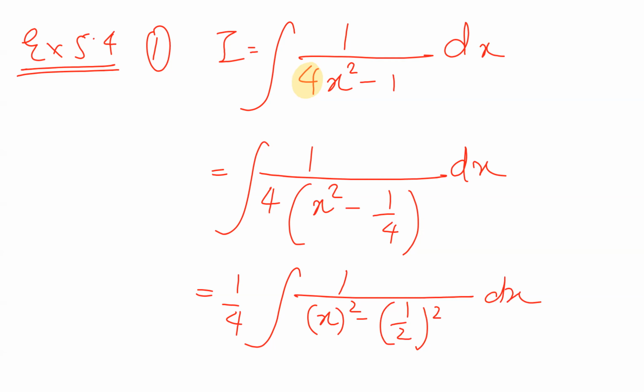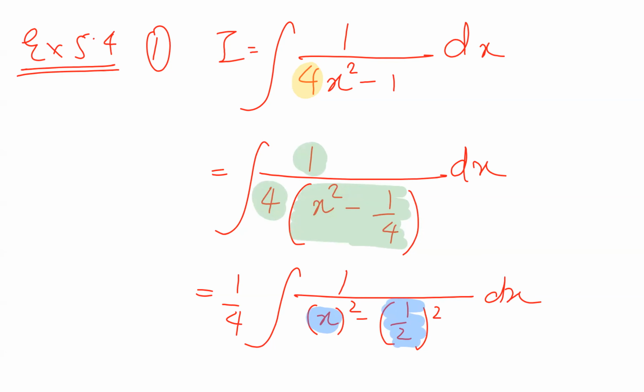Okay, 1 upon 4 being a constant, it came outside. And then we are left with x square minus 1 upon 4. So we are writing it as x square, and 1 upon 4 being a perfect square, I'm writing it as 1 upon 2 the whole square, right?